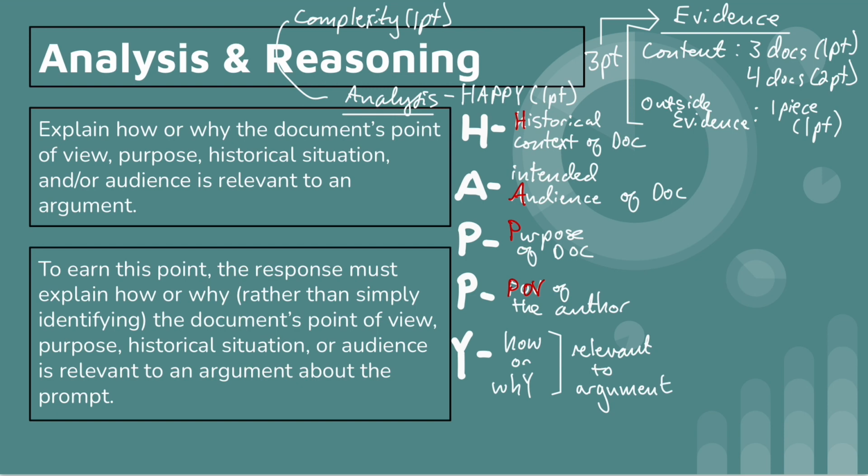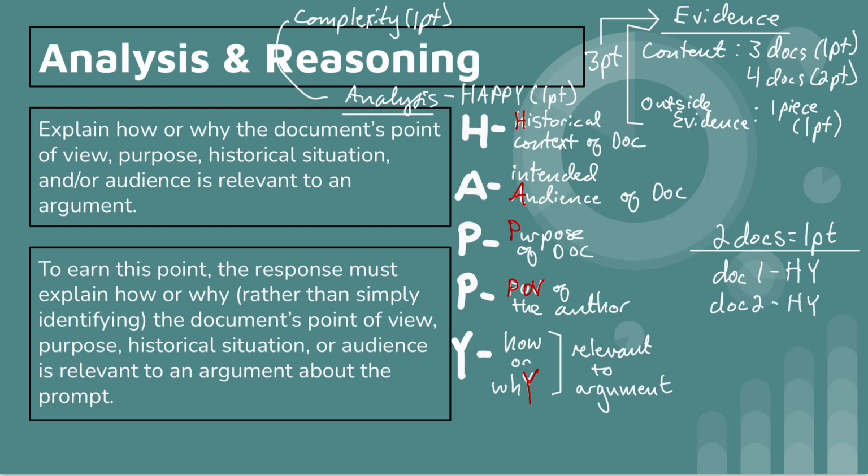And I don't need to do H and A and P and P. I could do H or A. So let's say for document 1, I do H and Y, the historical context and how or why it's relevant to the argument. Then for document 2, I do H and Y, and that would get me a point.